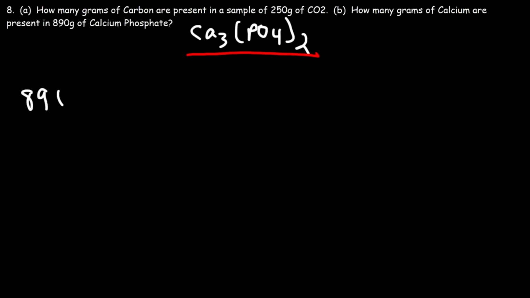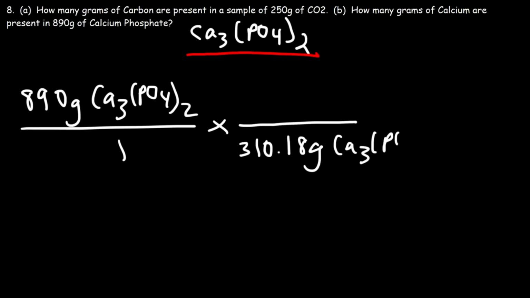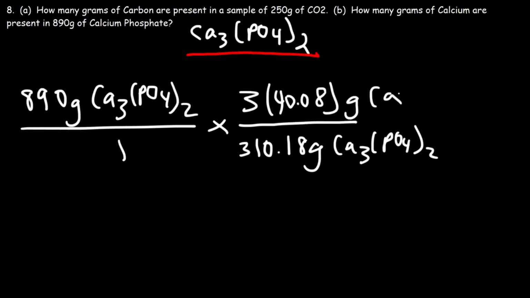Now let's start with 890 grams of calcium phosphate. And we could say that for every 310.18 grams of calcium phosphate, there's going to be 3 times 40.08 grams of calcium, because there's 3 calcium ions in that compound, each with an atomic mass of 40.08.